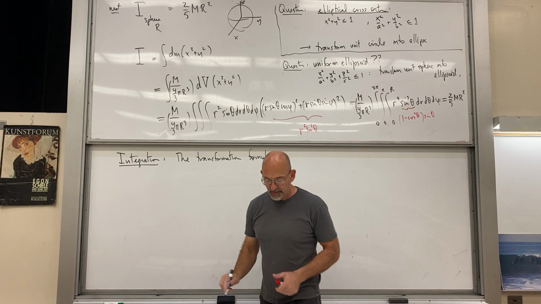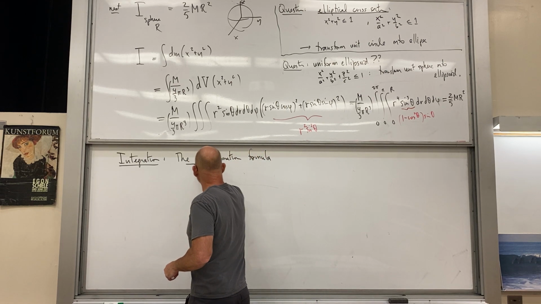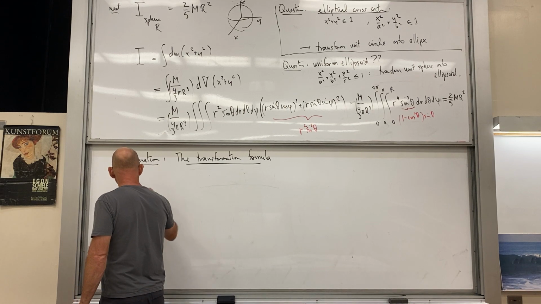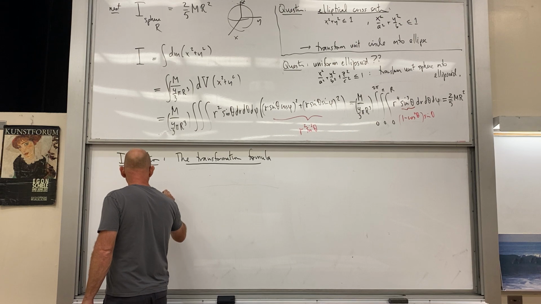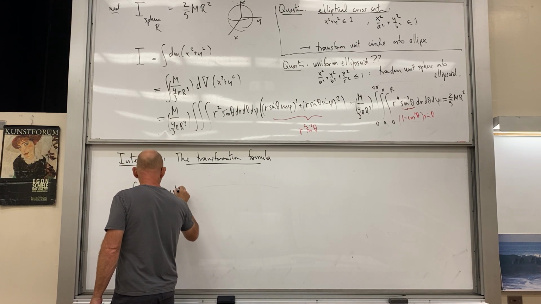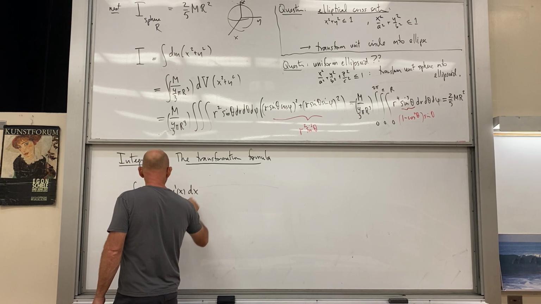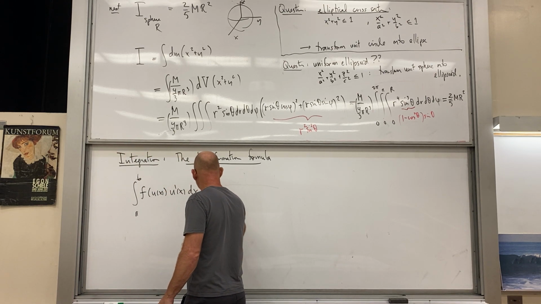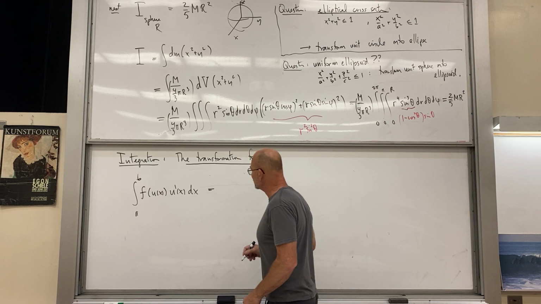So let's see here. Transformation formula, I'll start with this integral here. F of u of x, u prime of x, dx from a to b. Okay. So what is that equal to?